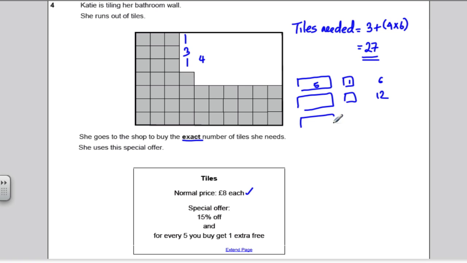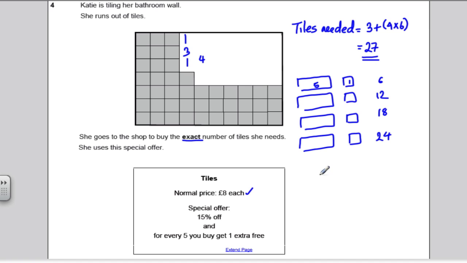We buy another 5, we get 1 free, and we would have got 18. We buy another 5, we get 1 free, so we would have bought 24. Now, I can't do the same offer for the last set because I've got to buy 5 to get 1 free. I'd get another 6, which would be 30, which would be too much.